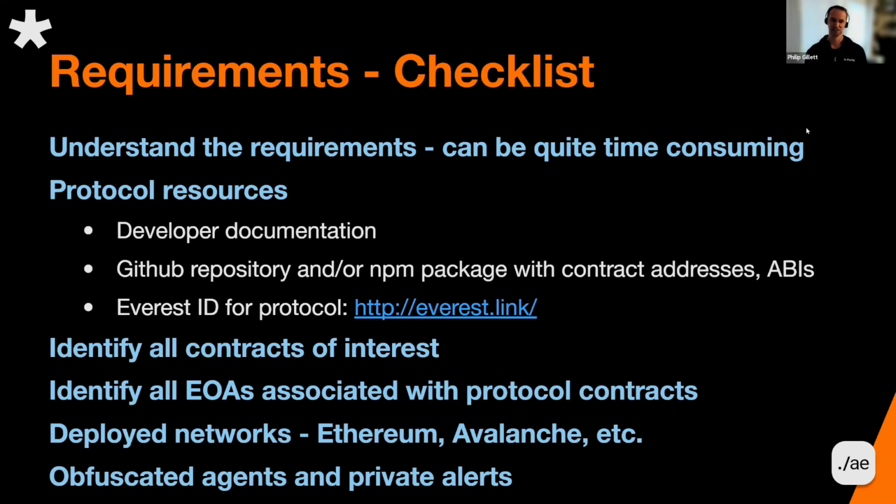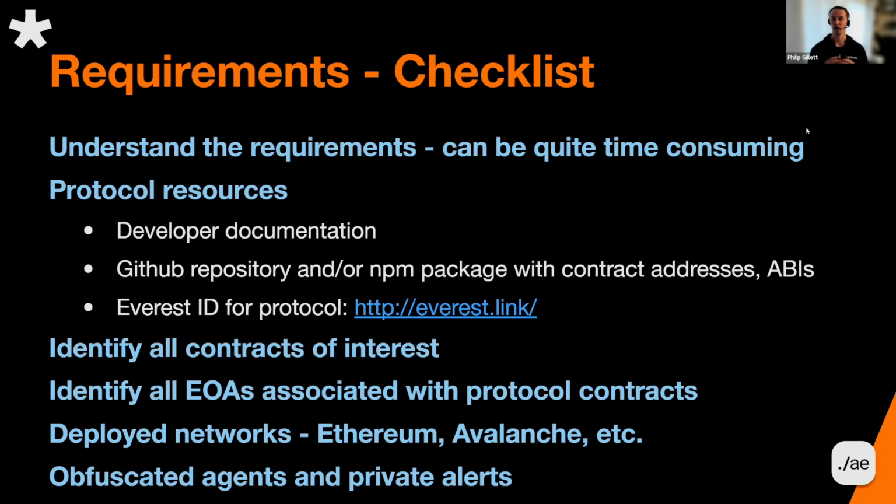This is a checklist that we have before we even start putting pen to paper. Before we start writing those agents and the code, you really need to understand what the requirements are. This can take a while if it's a pretty complicated protocol, but it's well worth it because it will save you so much time when you actually develop that agent.